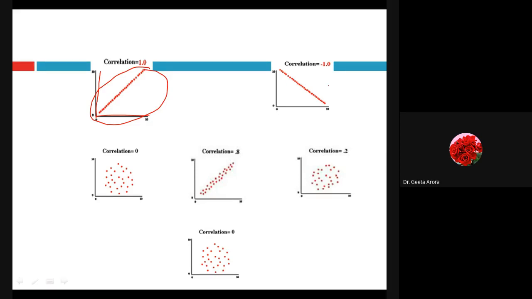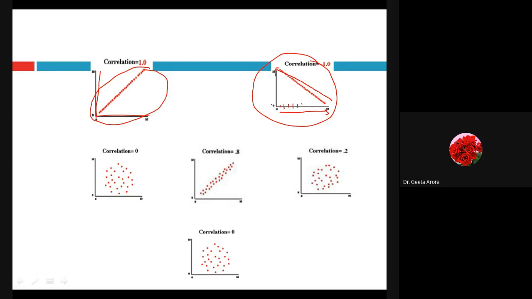If we see the second one, here also it is a straight line, but in the negative direction. Negative direction means if x is very small, the y value is very large, and as x is increased when I move along the x-axis, as a result the y value decreases.